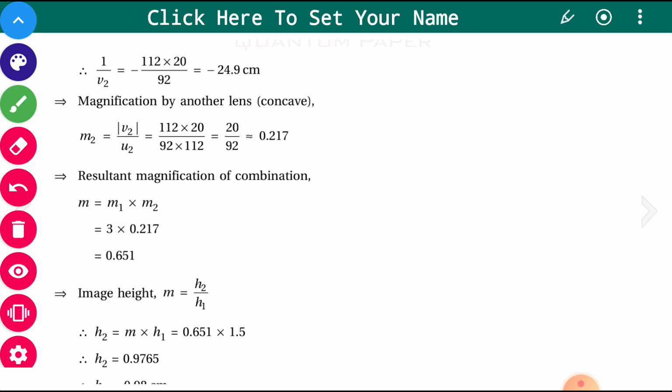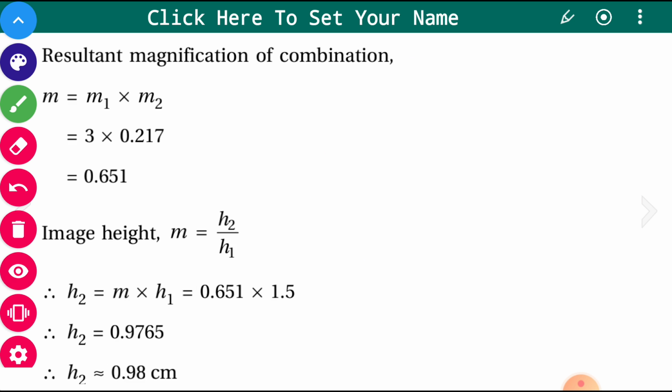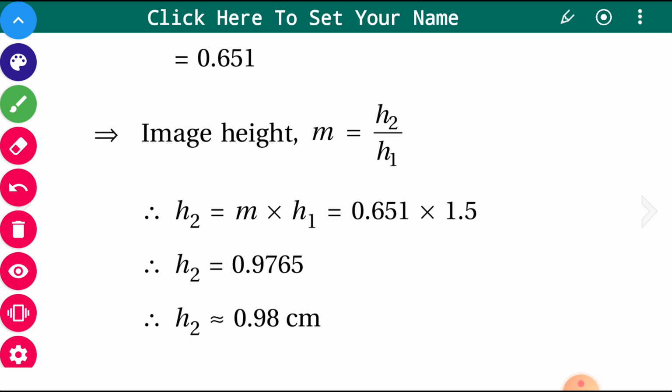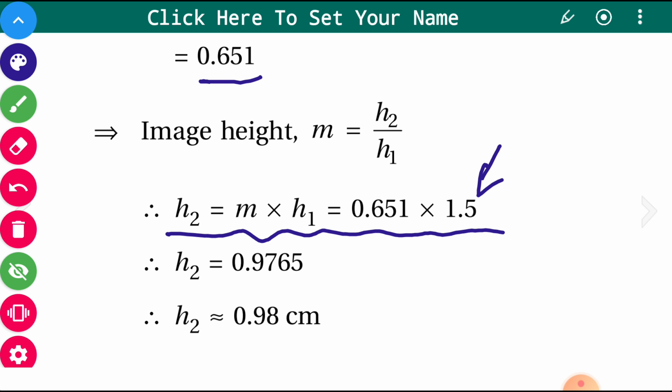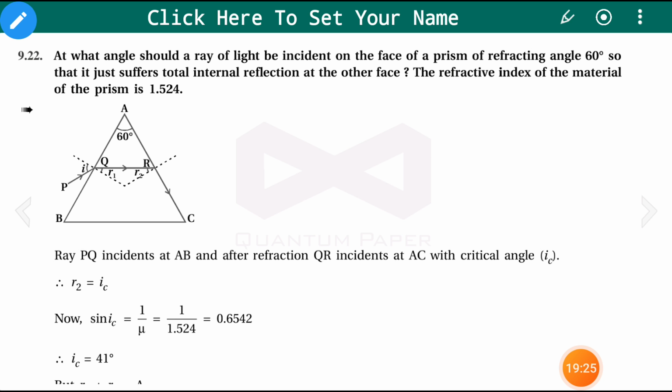Height of image is h2, height of object is h1. So h2 can be easily calculated, m into h1. Magnification is 0.651 into 1.5. So the height of image will be 0.98 centimeter.